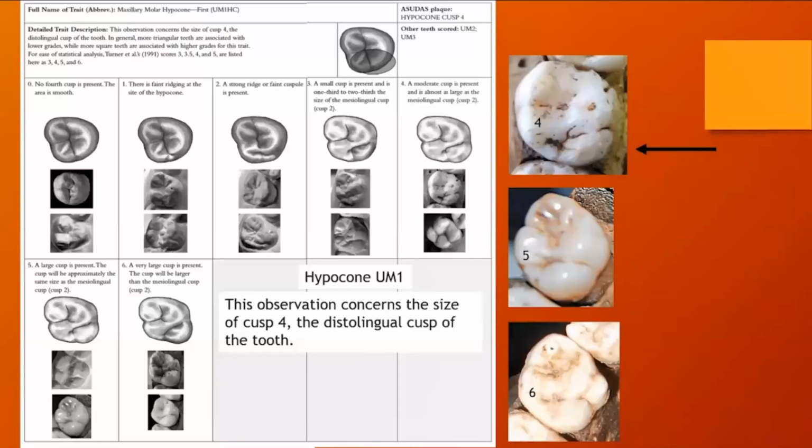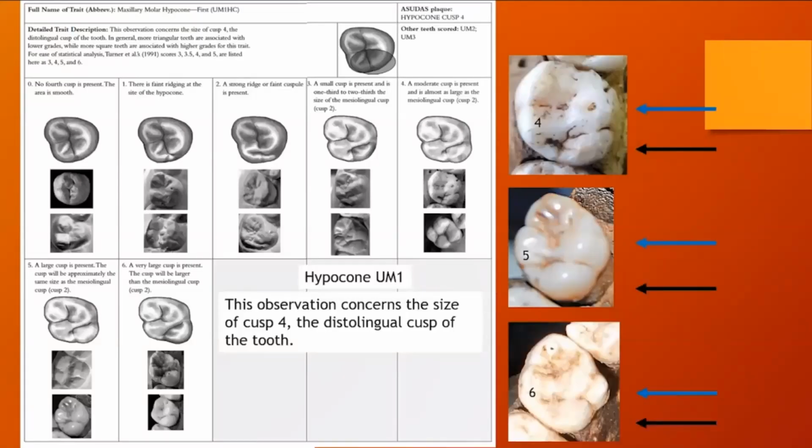So we're looking at the relationship of this cusp in size to this cusp. In a score 4, again a really common score, it's a moderate sized cusp, which means that it is almost as large as the mesiolingual cusp. Then in 5, they would be approximately the same size. And in 6, it's actually larger.